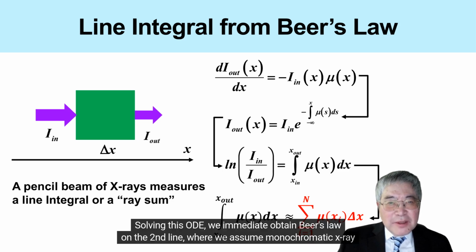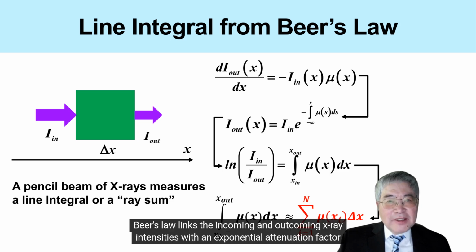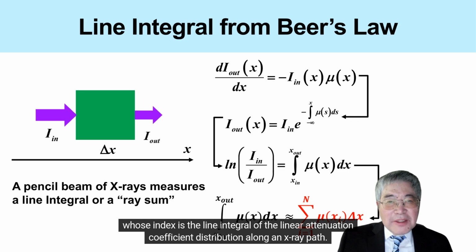Solving this ODE, we immediately obtain Beer's law on the second line, where we assume monochromatic X-ray energy. Beer's law links the incoming and outgoing X-ray intensities with an exponential attenuation factor whose index is the line integral of the linear attenuation coefficient distribution along an X-ray path.